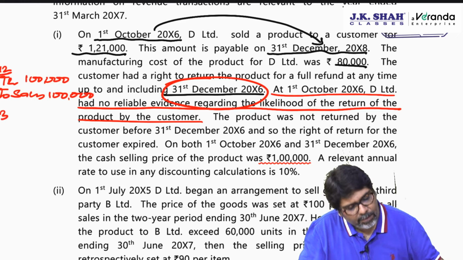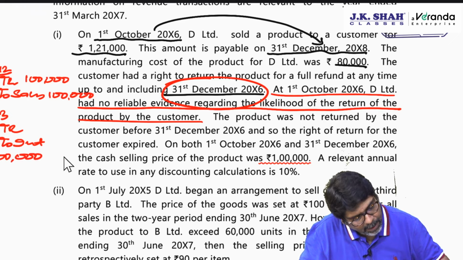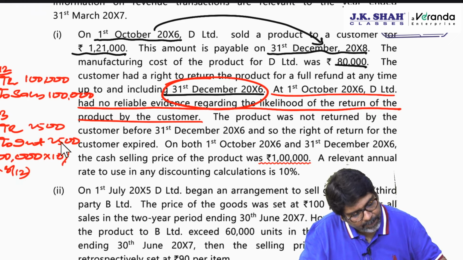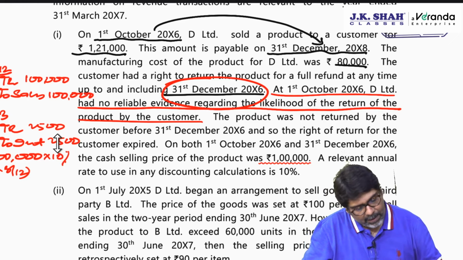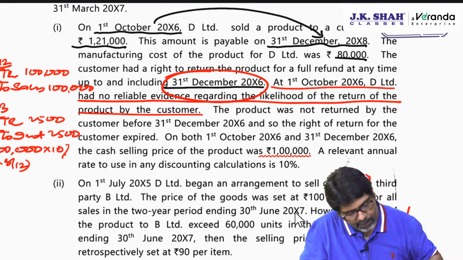On 31st March, they will pass the entry: trade receivables to interest, that is 1 lakh into 10% for 3 months, that is 2,500. Correct? Now, the first paragraph is over, so let's see what the questions based on the first paragraph are.